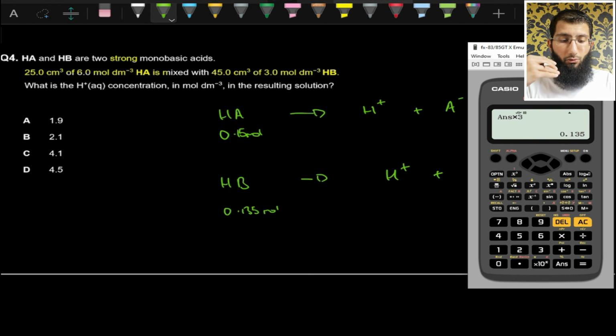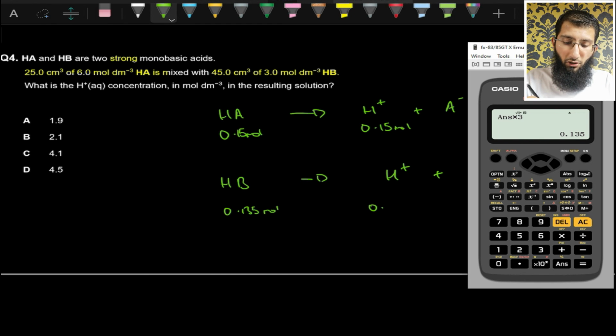Now we're asked to work out what is the H plus ion concentration in moles per decimeter cubed of the resulting solution. Well, here we're going to use the equation. We know that each one is a strong monobasic acid, meaning each one only has a single hydrogen to donate, as we know that acids are proton donors. So if we've got 0.15 moles of HA, it follows we've got 0.15 mole of H plus according to that equation, because it fully dissociates.